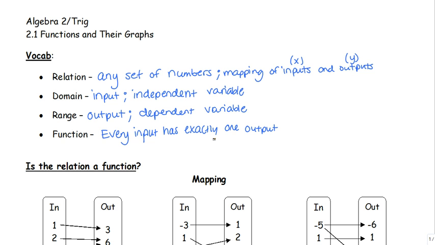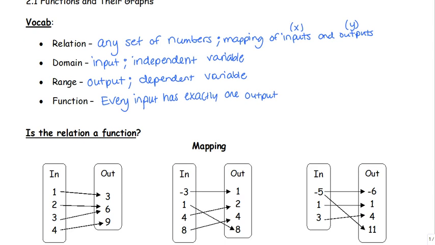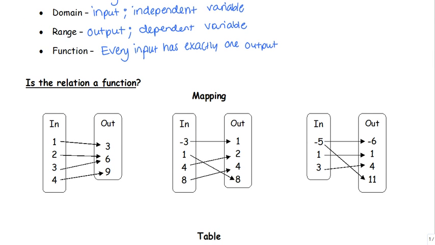So every input, every x value is only going to correspond to one y value. Where it gets tricky is that you can have different inputs, different x values give you the same y. So we're going to go through a couple examples and hopefully it makes a little bit more sense.